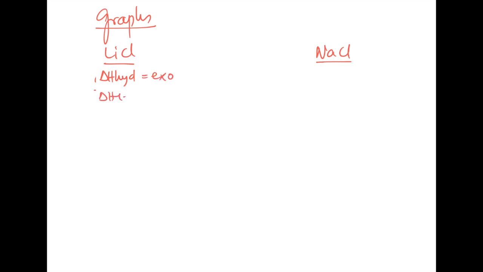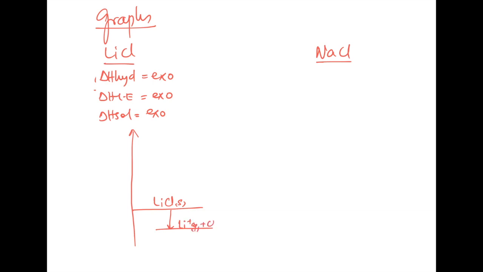Lattice energy is for sure exothermic. I tell you, its enthalpy of solution is exothermic. So if I have to make an energy level diagram like this, how do we make it? Since enthalpy of solution is exothermic, can I write lithium chloride solid? It gives you lithium ion aqueous plus chloride ion aqueous. This is enthalpy of solution.